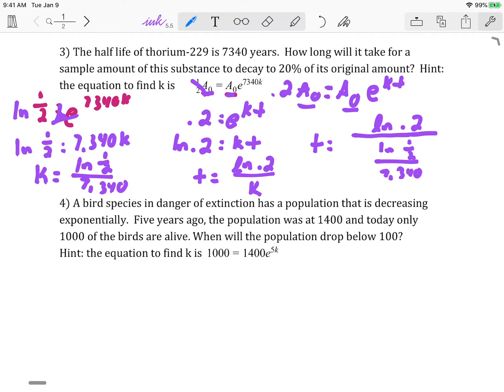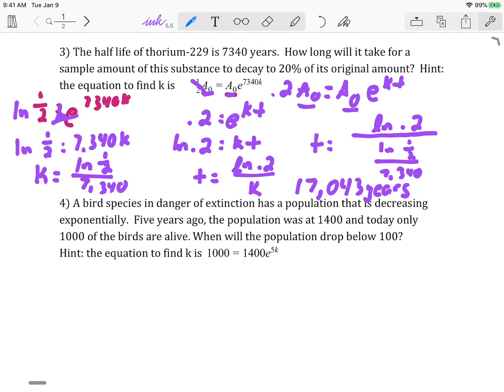You might want to figure out part of it first. But when you put it into your calculator, you'll get 17,043 years. If you're close to mine but not exact because you did a little rounding, that's okay. If you round K and then plug in a rounded value, it'll give you something a little bit off, but close.